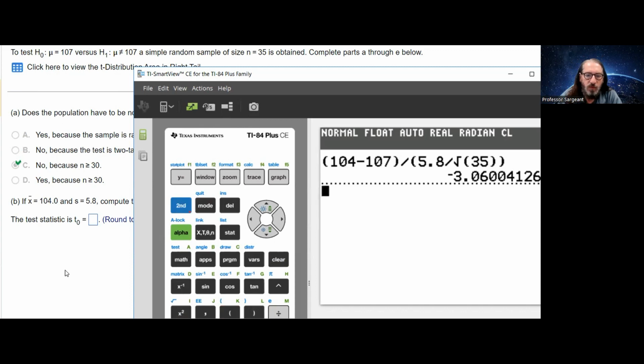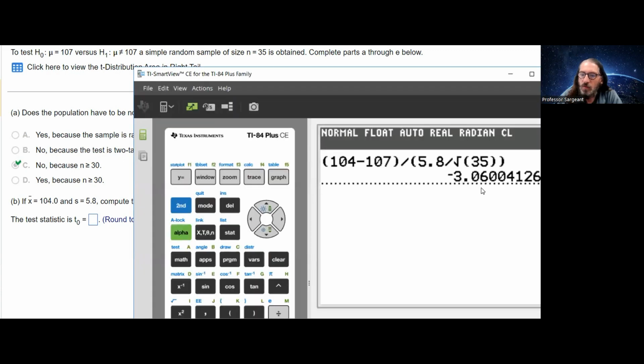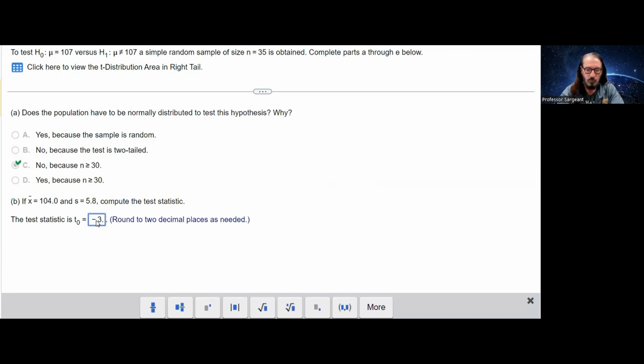They want this rounded to 2 decimal places, surprisingly. Usually that would be 3. So that's going to round to negative 3.06, which should not be surprising in that it is negative, because X bar was less than the claimed mean.